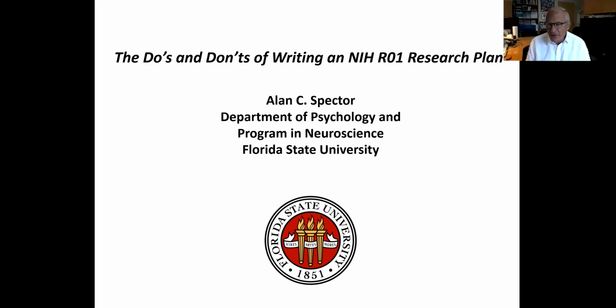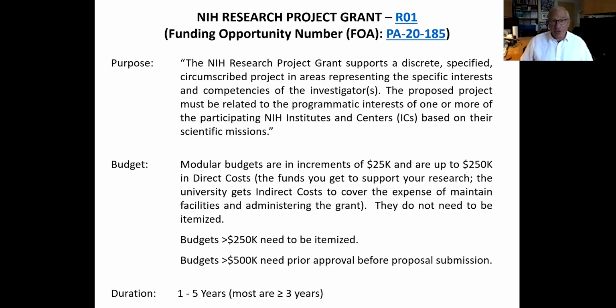So what is the NIH R01? Well, it's your basic research grant, and basically it is as it says. It supports a discrete, specified, circumscribed project in the areas that you're an expert in, okay?